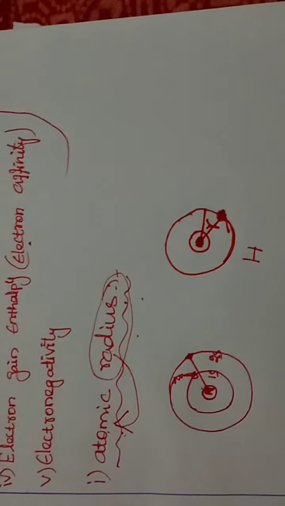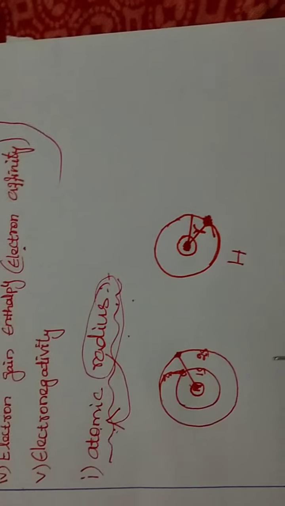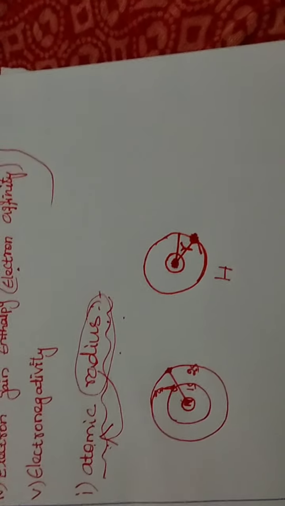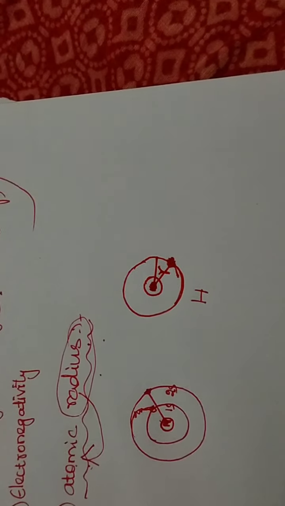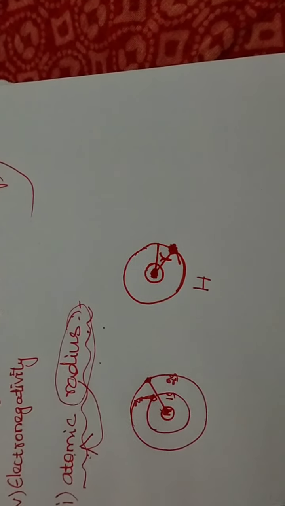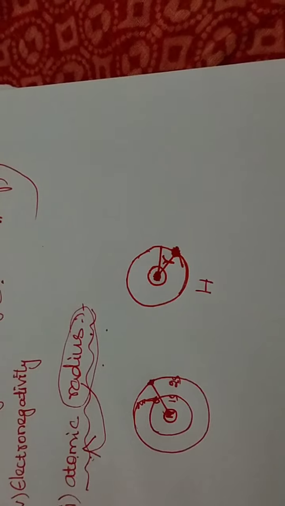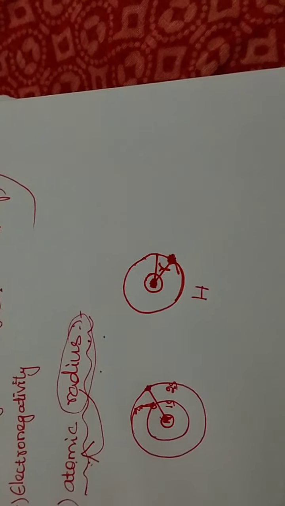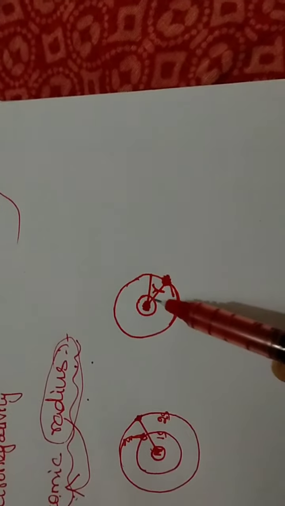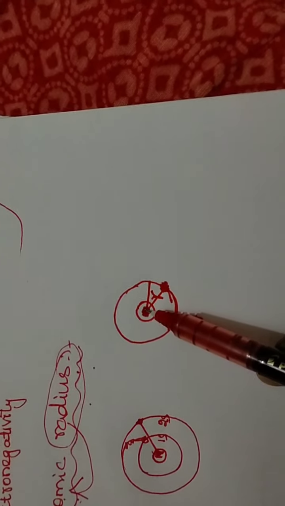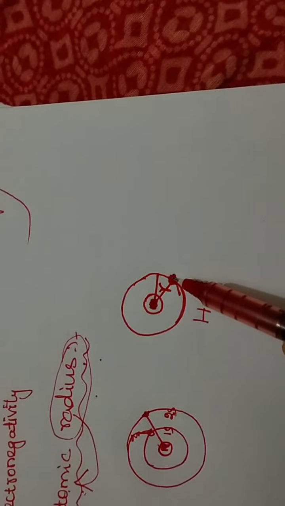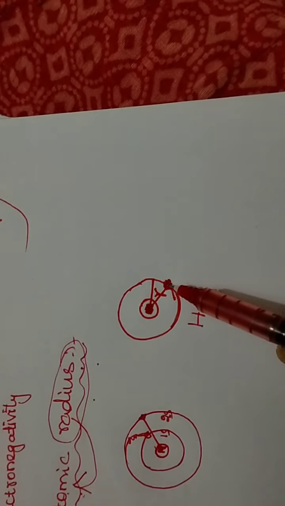So say the definition of atomic radius. Atomic radius is defined as the distance between the center of its nucleus and the outermost shell containing the valence electron.